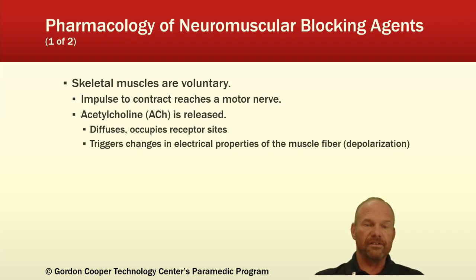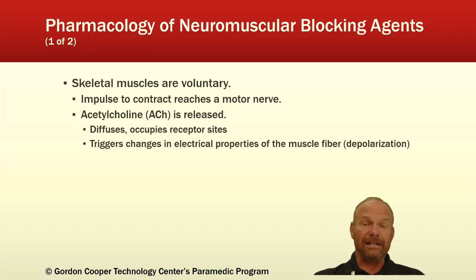So how does the pharmacology of neuromuscular blocking agents work? Skeletal muscles are voluntary, meaning they rely on signals from the somatic nervous system to contract. Acetylcholine has a role in this, and when a nerve impulse reaches the end of the motor nerve, it triggers the release of acetylcholine into the synaptic cleft, that space between the nerve and the muscle, activating the muscle contraction. Acetylcholine diffuses across the synaptic cleft and then binds to the receptor site on the muscle fiber.